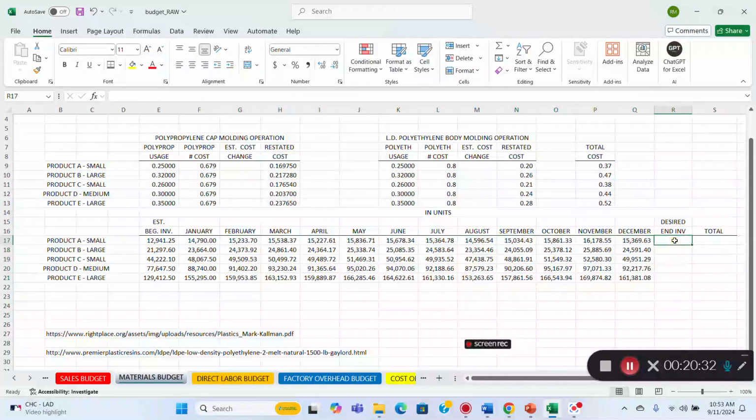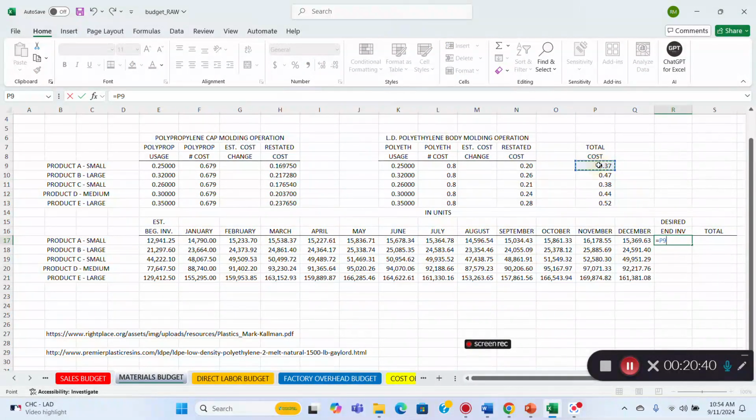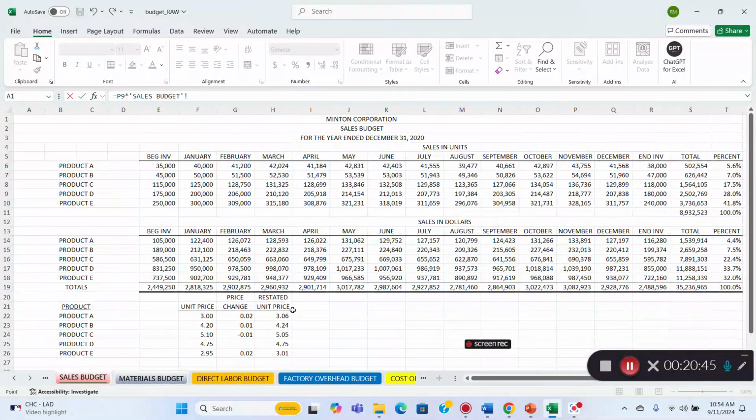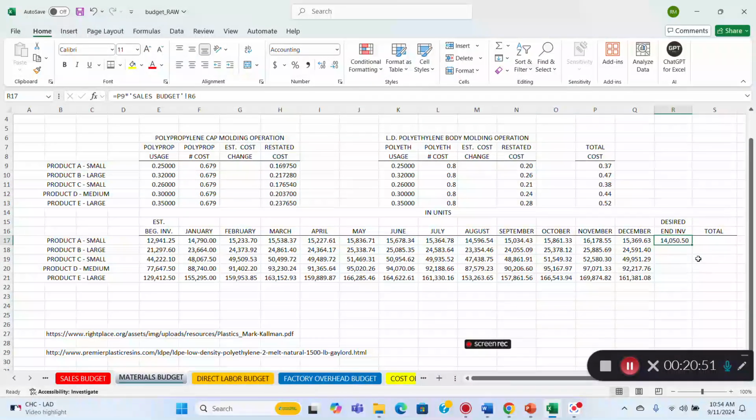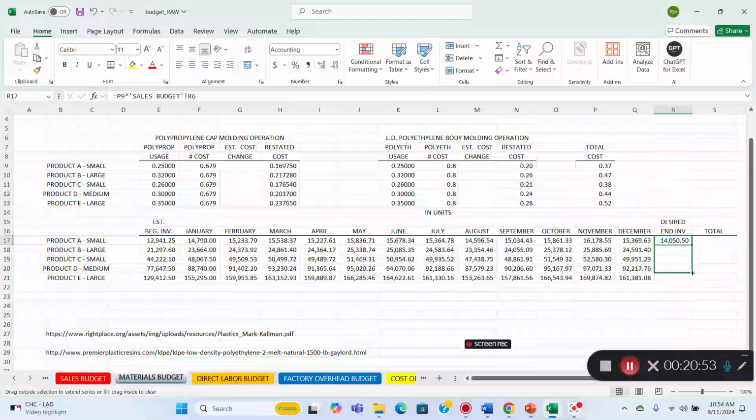Desired ending inventory is going to be the same basic thing. I'm going to go over here and get this equal to the cost of this item times, going back to the sales budget and picking up the ending inventory. And this one I can easily drag down, not a problem.